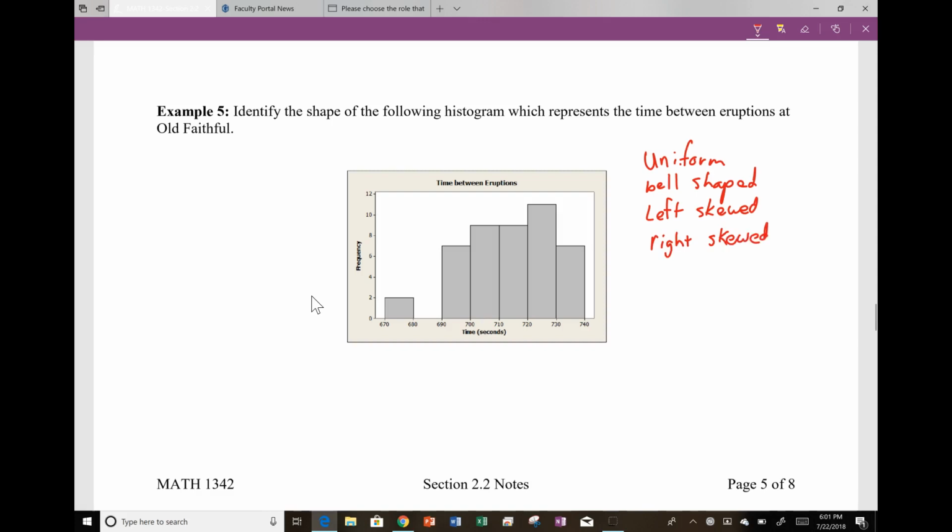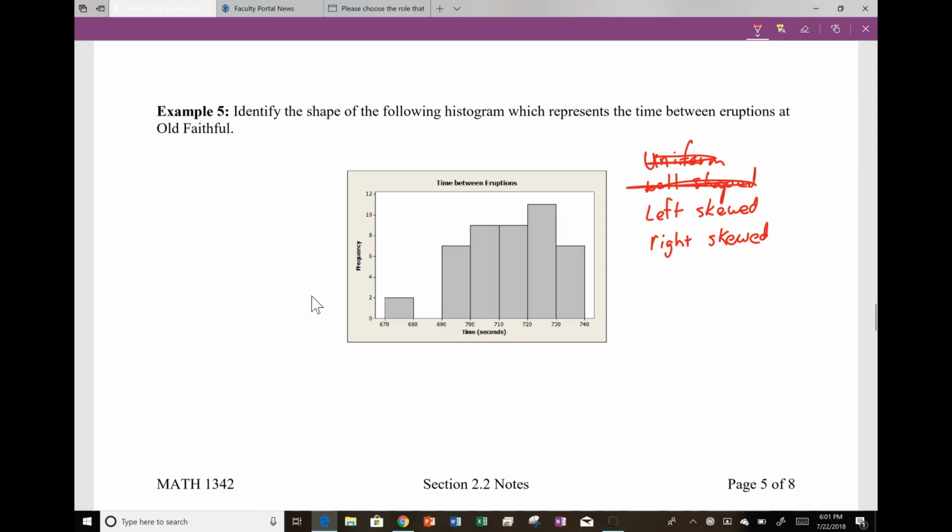If we look at this, uniform means for it to be the same height all the way across. Well, that's not the case because look at these two values. So it's not uniform. Bell-shaped means that the highest peaks should be right here. Well, the highest peaks are definitely not there, so it is definitely not going to be a bell-shaped.